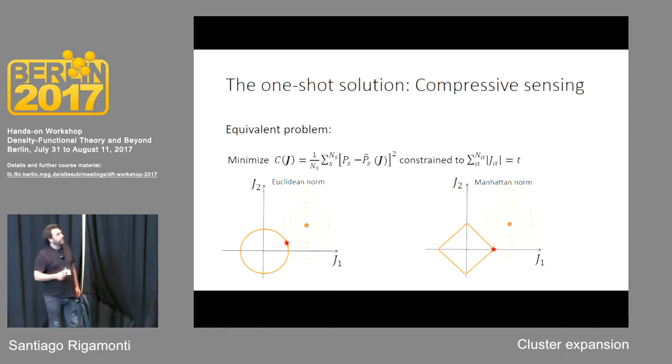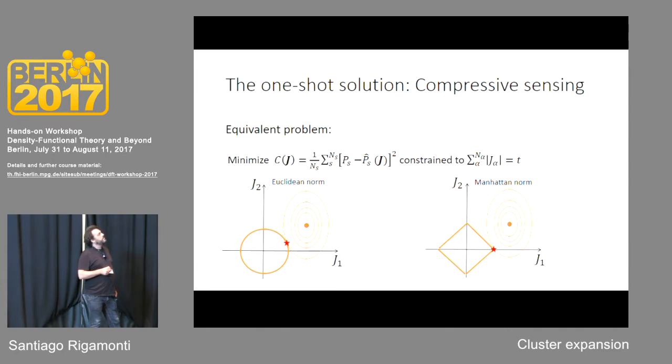You can do the same constrained expression for the L2 norm. When you use the L2 norm, for instance, these iso-lines represent the iso-values of the mean square error, and this one represents the iso-value of the L2 norm. So you want to find the minimum of the mean square error constrained to this circle, and you will find some dot.